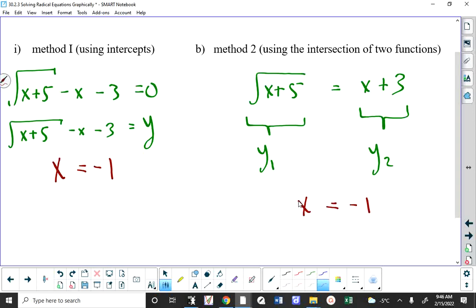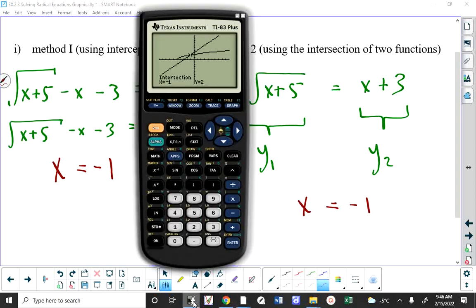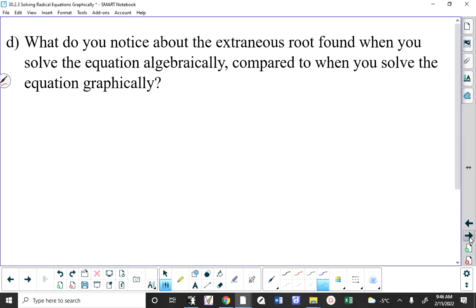Notice, by the way, that when you solve graphically using method 2, we don't care about y. It's all about x. And the culmination of this is, what do you notice about the extraneous root that we found when we did this algebraically? Remember that we had, I believe, you'll let me know, we had this solution which was not correct. Am I right? Okay.